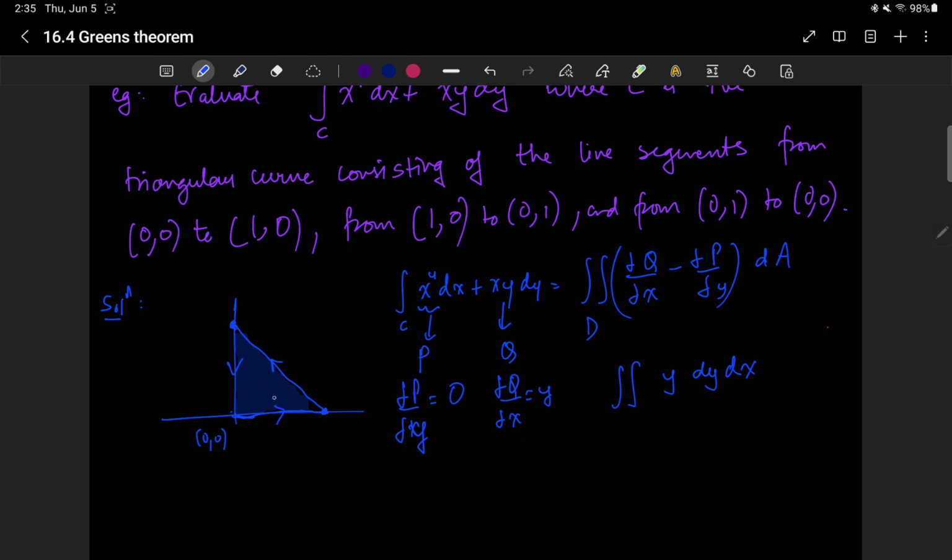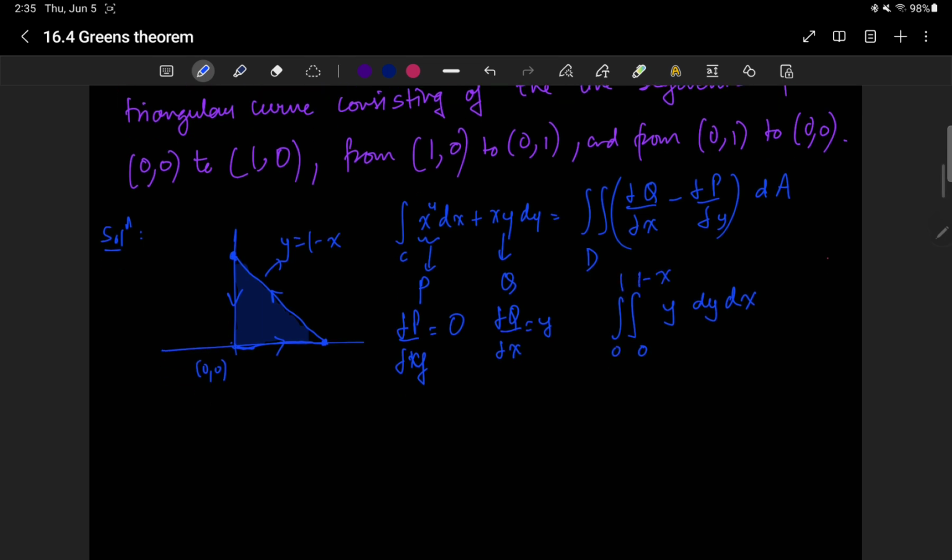And where does y go from? Well, if you look at the direction for y, you can find the equation of this line is 1 minus x. It's a slope of -1 and intercept of 1. So y goes from 0 to 1 minus x, and x goes from 0 to 1. So that makes it a very simple integral to deal with.